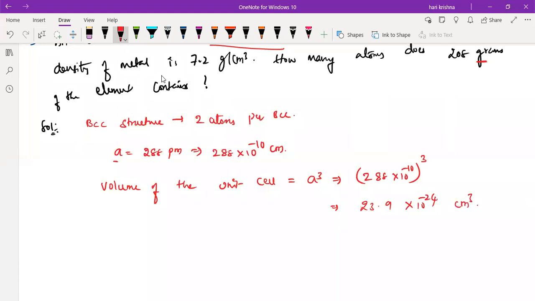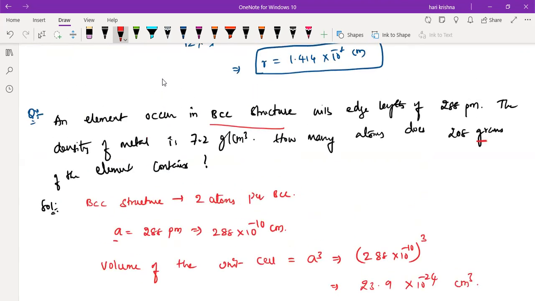Now, we know already the density formula. Density of the solid is equal to mass by volume. So if you want volume only, what you can do is mass by density, right? They have given the mass, 208 grams.